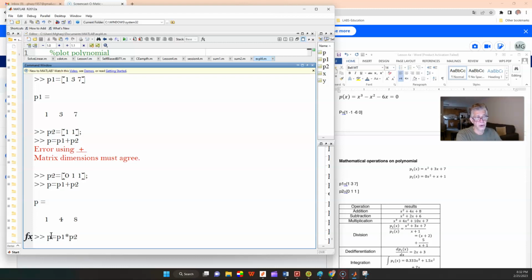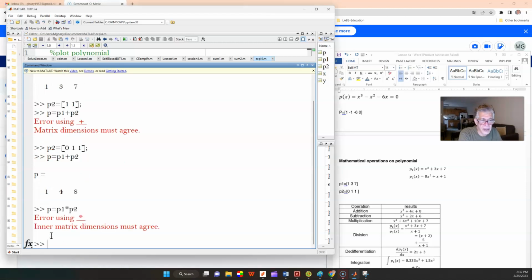It doesn't work with polynomials. So what is the function for multiplying two polynomials in MATLAB? P is equal to, you use the command conv, which means convolution. So conv, the first polynomial, which is P1, the second polynomial, which is P2.